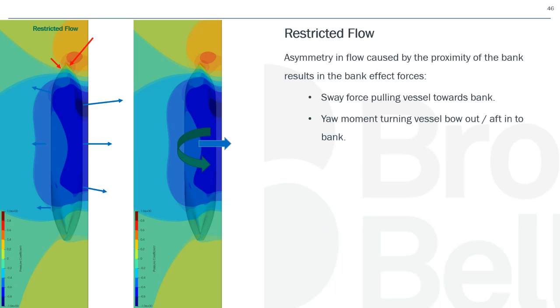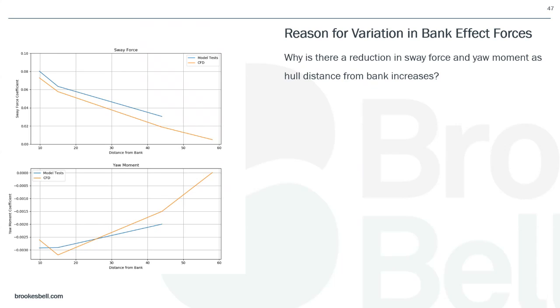You can see it's from your asymmetry of the flow, which is causing these pressure conditions around your vessel, and we understand now what directions your bank effect forces are occurring in. Now we can start to look at why, for instance, there is a reduction in your bank effect forces, both in sway and in yaw moment, as you come away, or increase the gap between your vessel and your channel bank.